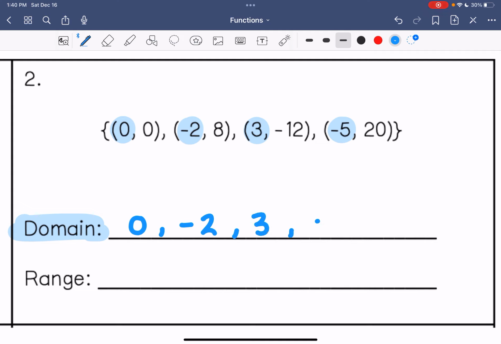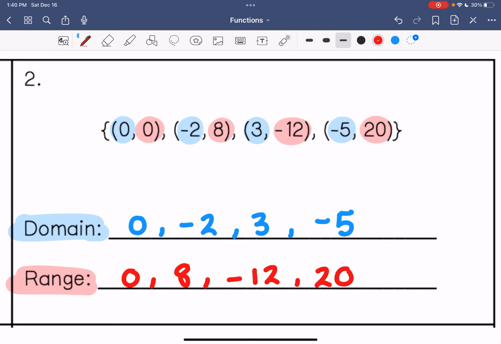Ordered pairs are not a continuous function, so we don't have to write out domain and range using inequalities. Range, taking a look at our y values this time, and writing them out. And we are done. Domain and range.